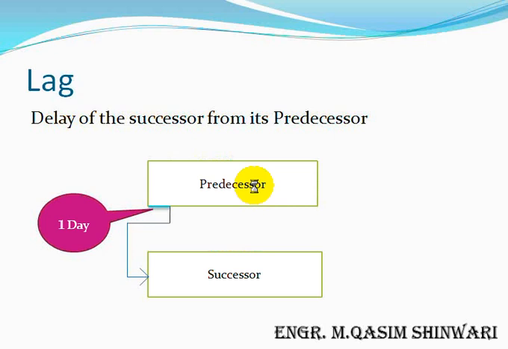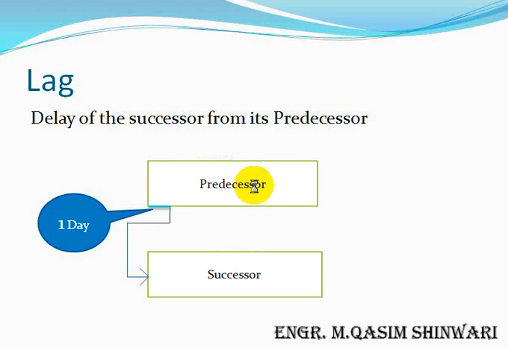This kind of lag, which is shown here and highlighted, is known as positive lag. For example, this will be entered as +1 or simply 1. So it will give the duration of lag as 1 day.